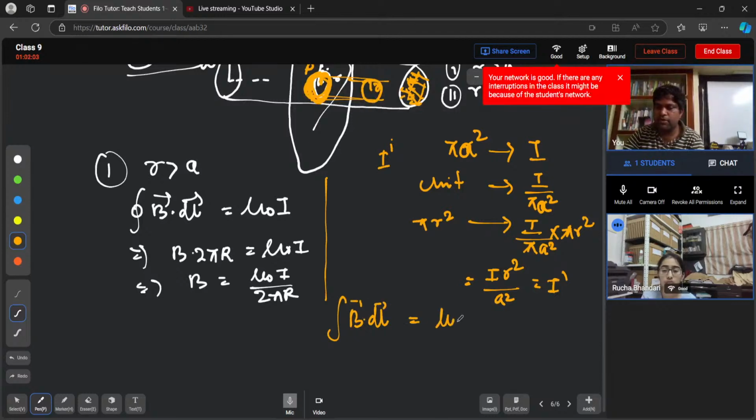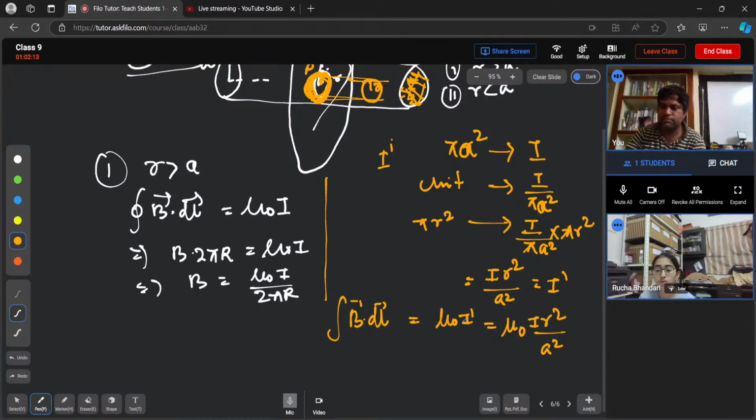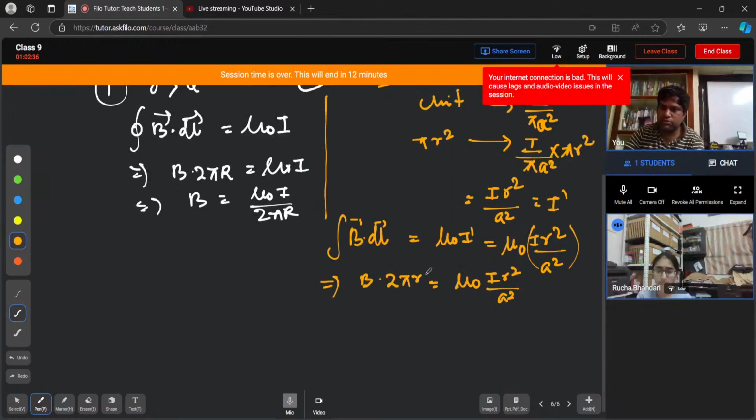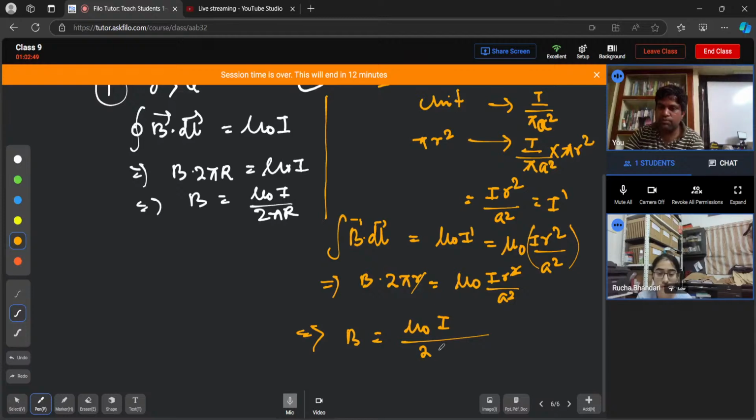So I dash is I r square by a square. B dl is here again B into 2 pi r equal to mu naught I r square by a square. r square by r, one r cancels out, so you are getting B equal to mu naught I r by 2 pi a square.